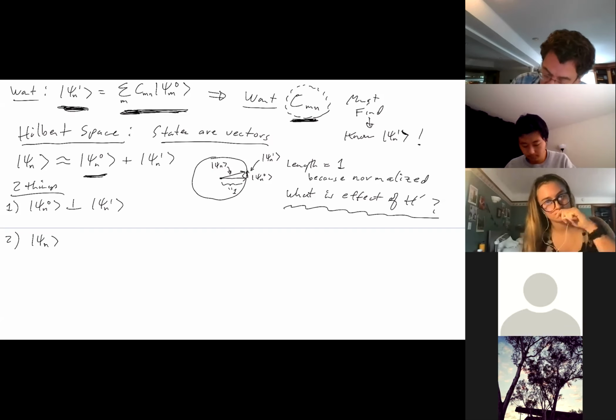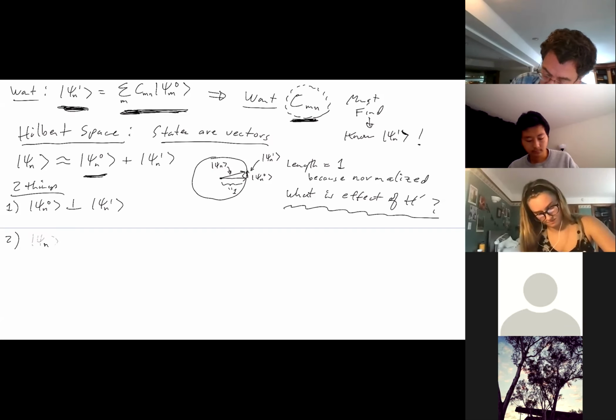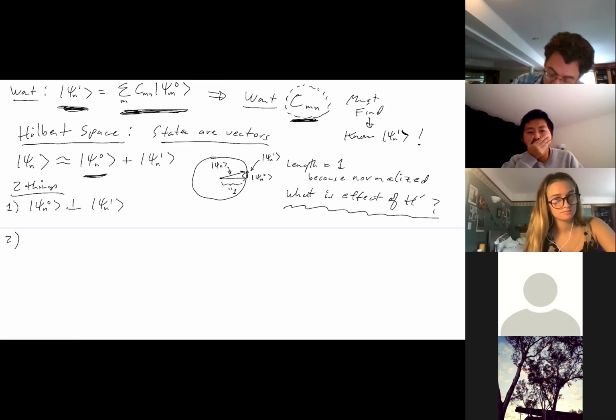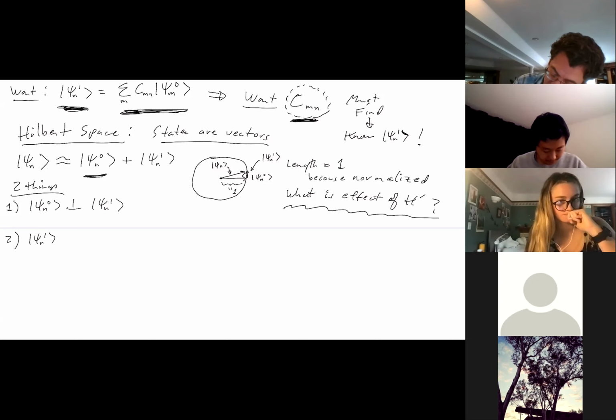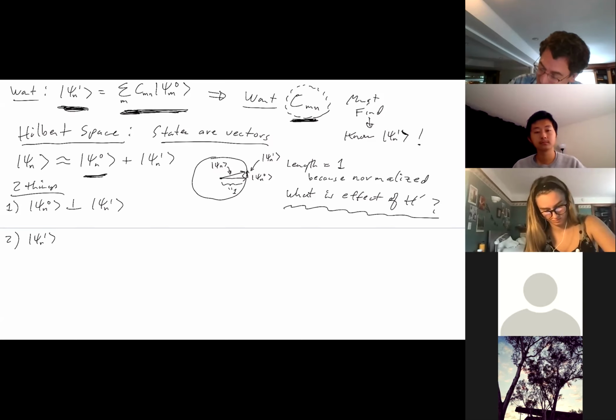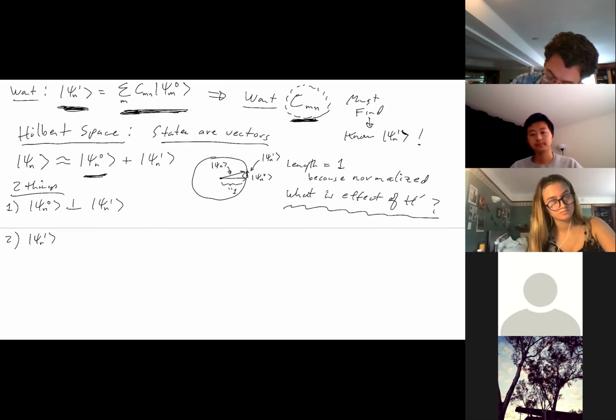The second point is really just an elaboration of the first point. The second point is simply that the first order perturbation, because it's orthogonal to psi n naught, it's not really two things, it's really just one thing, I should say. It's one thing said in two different ways.